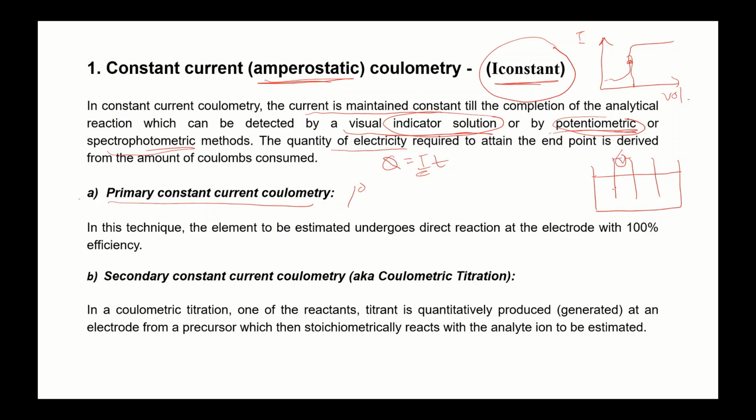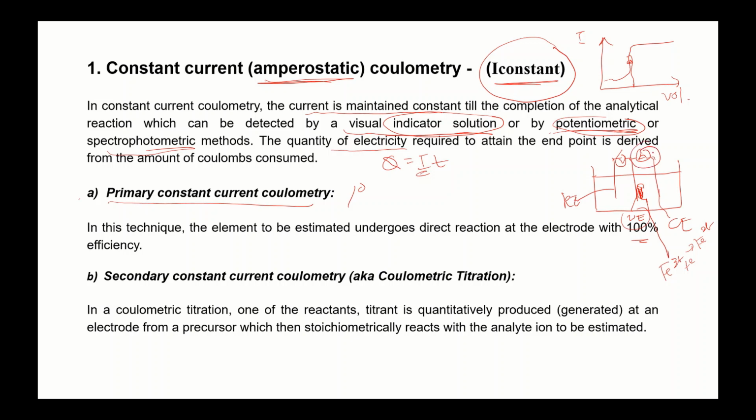This is the reference, this is the working electrode, this is the measurement of current I in ampere, and this is the counter electrode. The unknown in this solution, if an oxidation process occurs, the working electrode will act as the anode. So 100% conversion, for example ferrum 3 to ferrum 2, will occur at this electrode.